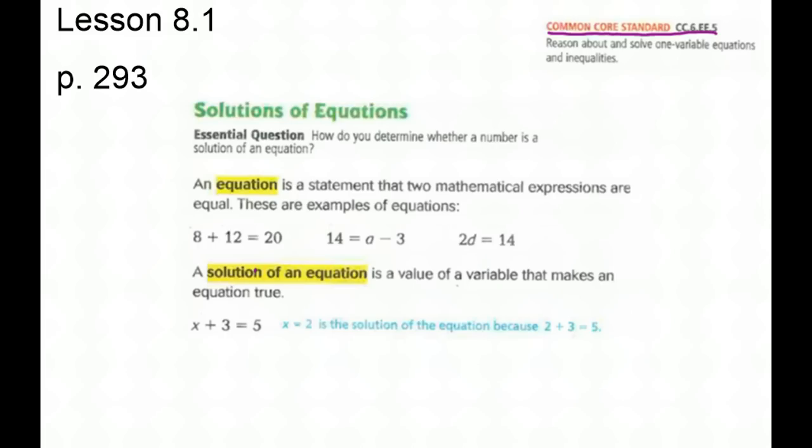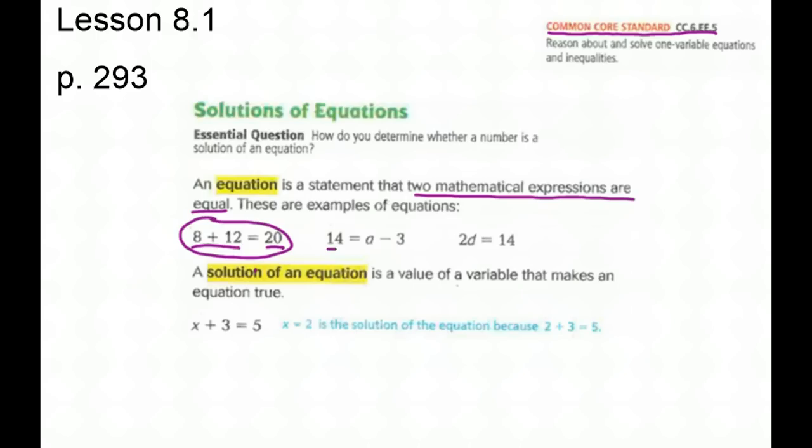So an equation is a statement that two mathematical expressions are equal. So that would mean that 8 plus 12, which is an expression, is the same as 20, which is an expression. When you put them together using an equal sign, that makes it an equation.